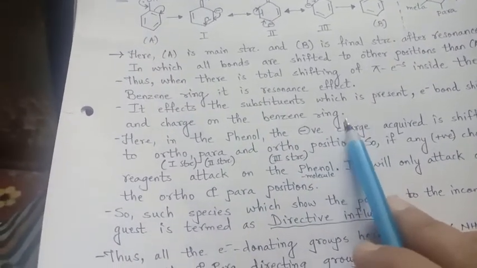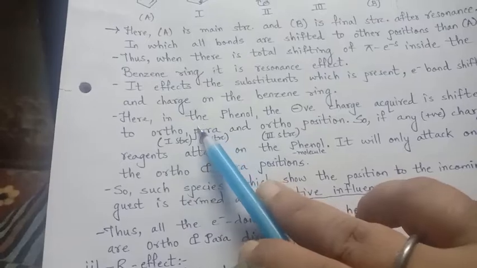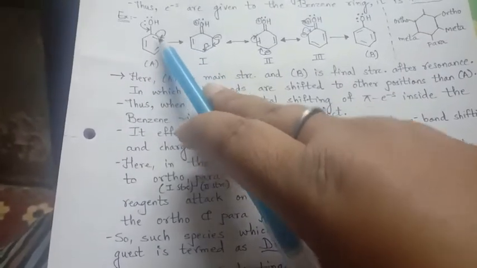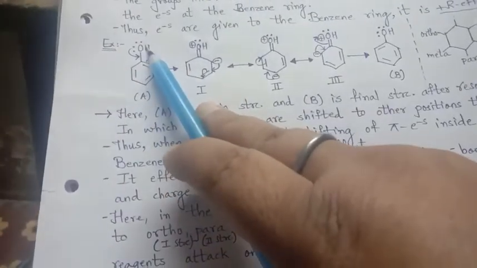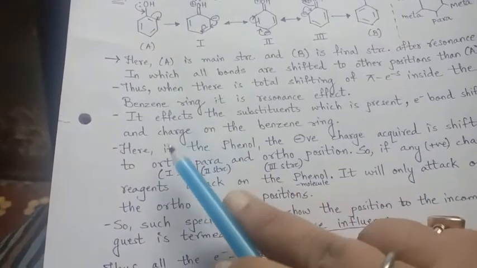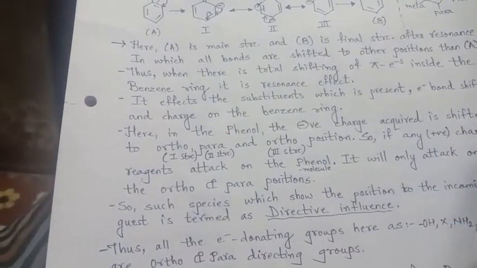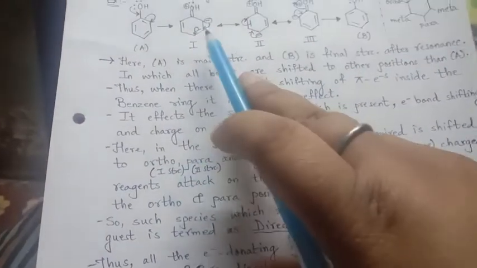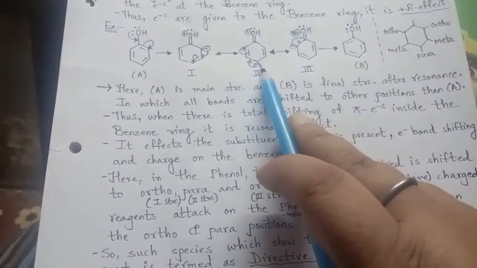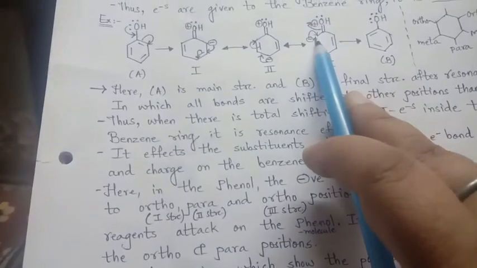These are affected. So here in the phenol, this is phenol, benzene ring attached with the alcohol group of phenol. Here in the phenol, the negative charge acquired is shifted to ortho, first structure, para, second structure, again ortho, third structure.